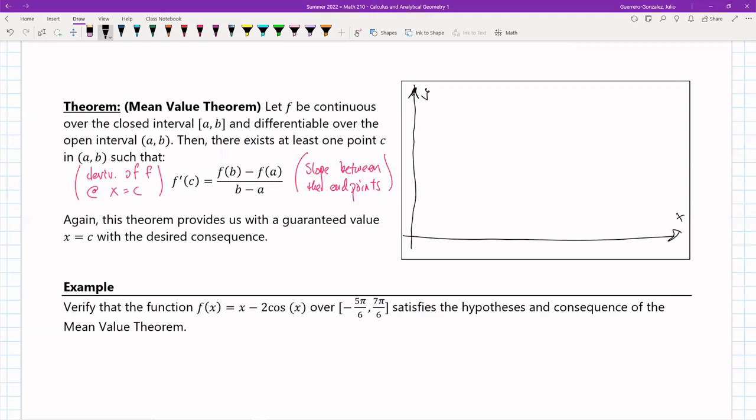I'm going to draw a good old squiggle and then stop right there. So here are my two endpoints: this point right here, and this point way up here. This is going to be my A, and way over here is going to be my B.